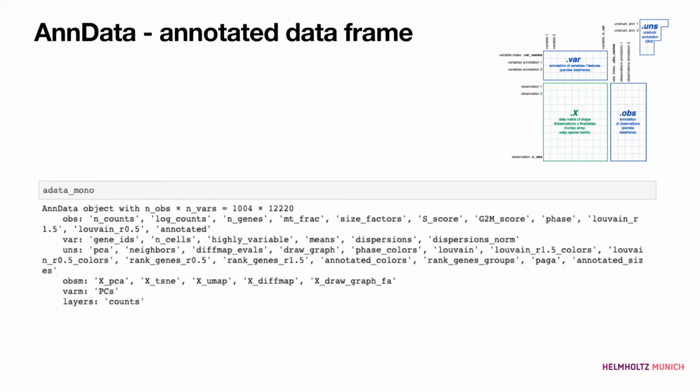In addition, the AnnData object can actually have different layers. So here it has one additional layer, which is called counts. This is essentially a way of storing different data matrices.